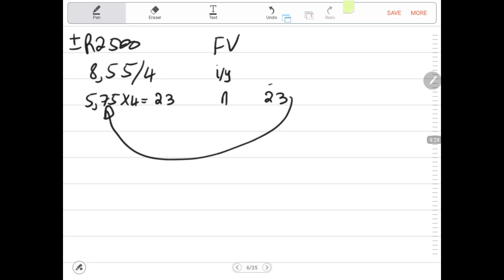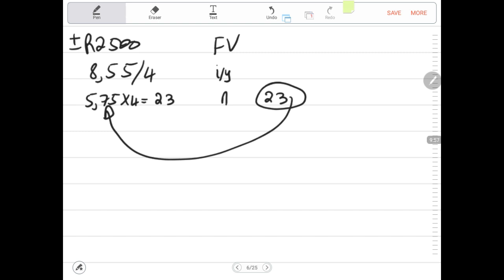If this interest will be compounded 23 times, how can we convert this 23 times back to the number of years? If we're given n as 23 times, which is the number of compounds, then we require to calculate back the number of years to say how many years was the amount invested for if it was compounded quarterly.